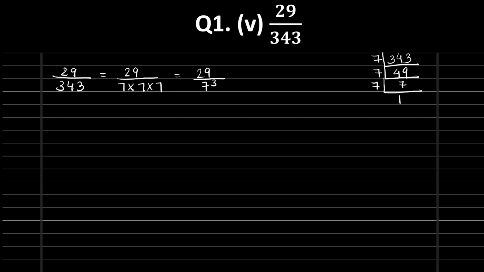So, clearly we can observe that the prime factorization of the denominator 343 is not having 2 and 5 as its prime factor, right? It is having 7 as its prime factor.